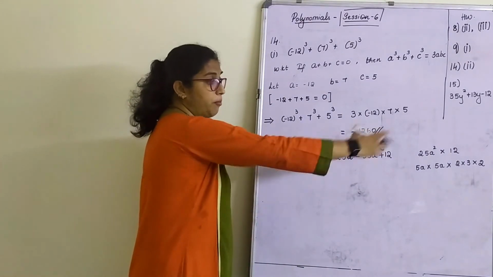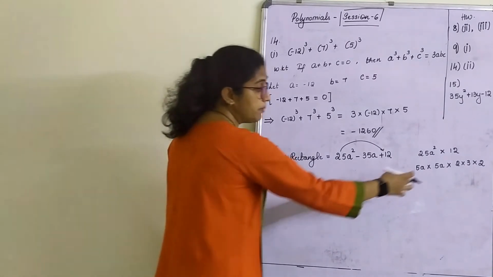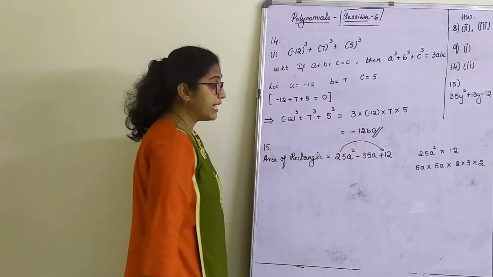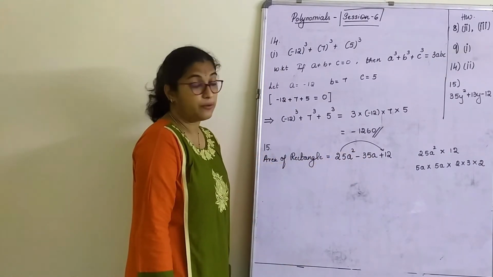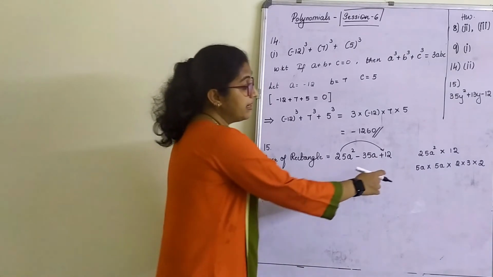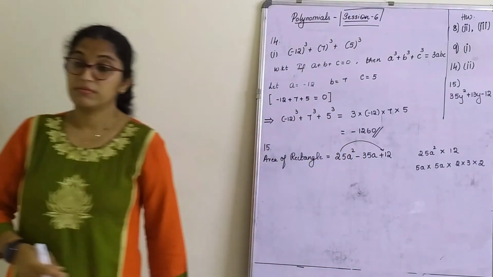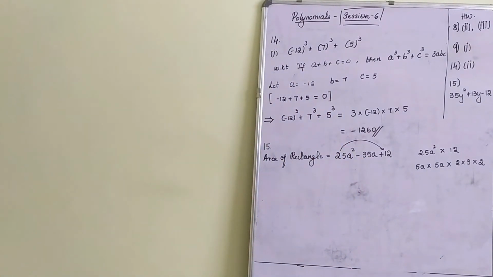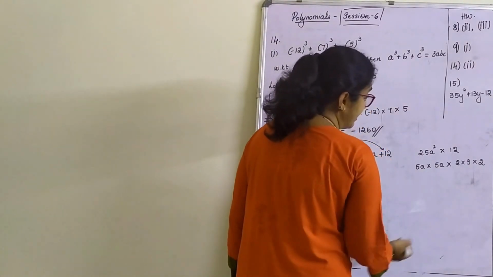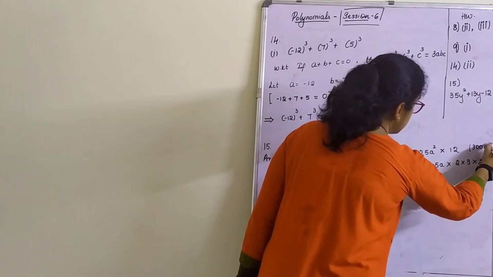Now, we have so many numbers. With these numbers, try to find the product which will be this, and when you add or subtract, you get 35a. So when you multiply 25a square into 12, let's find the product to get 35 here. Actually, the product of 25 and 12 is 300a square.